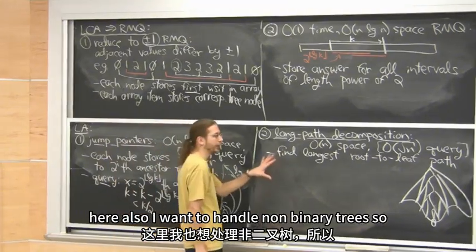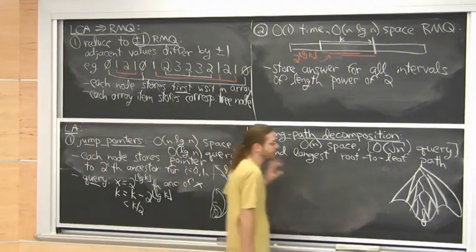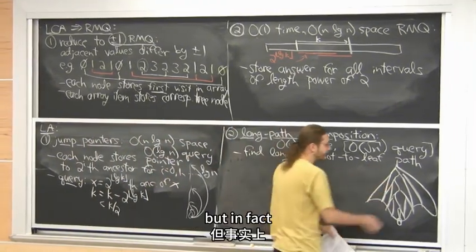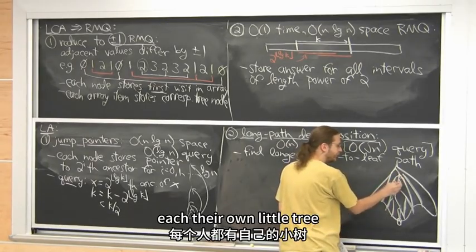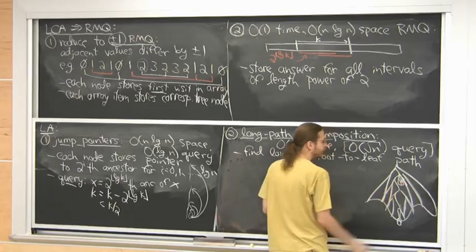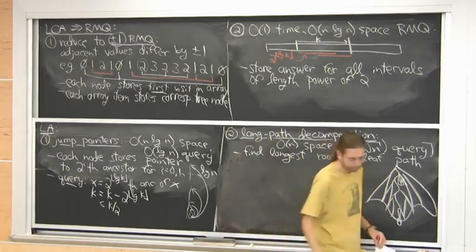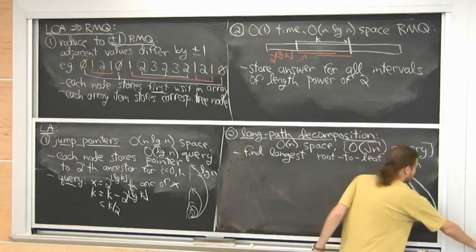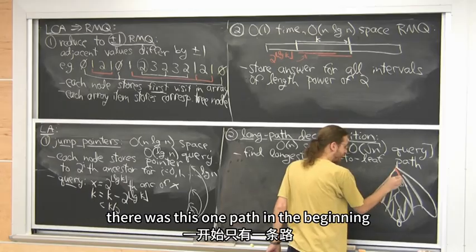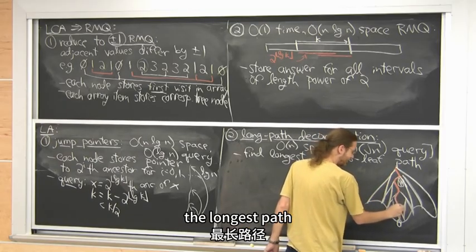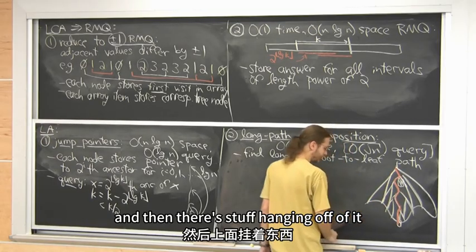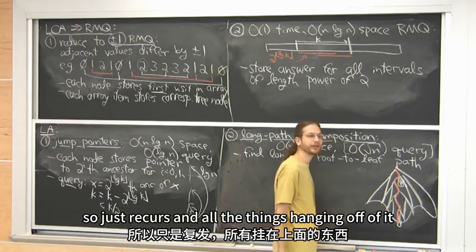Here also, I want to handle non-binary trees. So I'm going to draw things hanging off, but in fact, there might be several things hanging off here, each their own little tree. Okay, but the point is, here's my red. There was this one path in the beginning, the longest path, and then there's stuff hanging off of it. So just recurse in all the things hanging off of it.